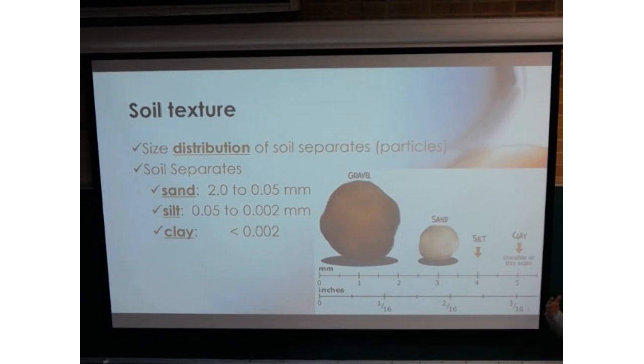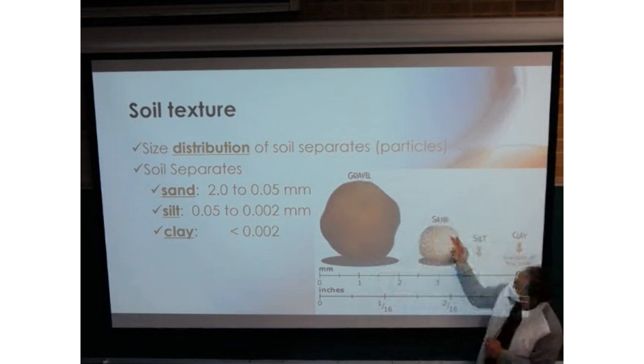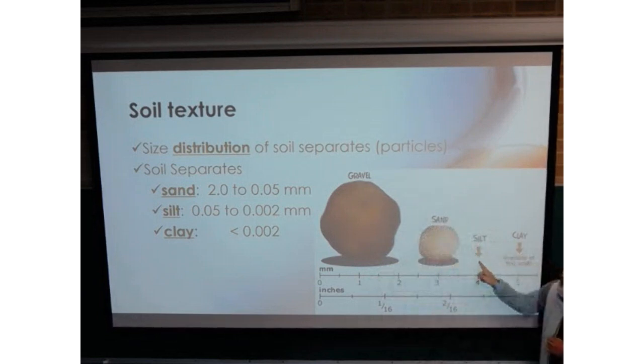So when you see the right side of your screen, you can see the chart. That is a grain of rocks, a small piece of rock. And then this is a sand particle, and silt is like a dot. Okay? Clay is invisible, really tiny.